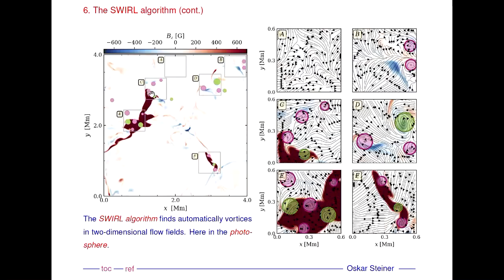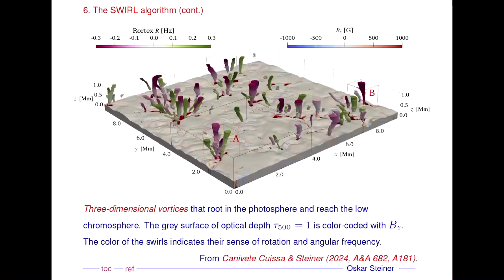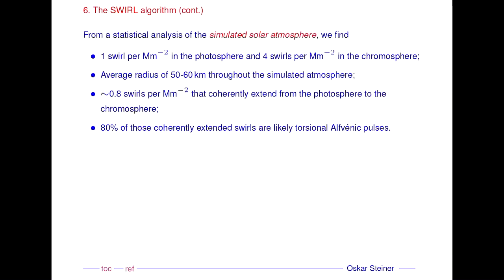You see that these vortices appear preferentially at the border of magnetic flux concentrations. And this would be the situation higher up in the chromosphere. Then we can do that layer by layer through the solar atmosphere, and we see that there are vortex tubes that reach from the photosphere higher up into the chromosphere.